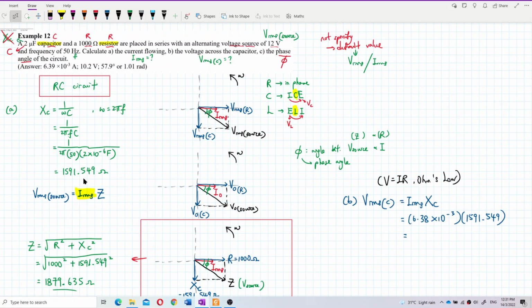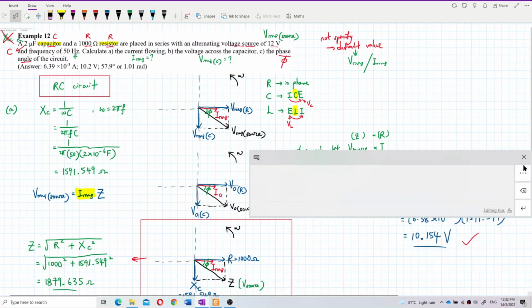Let's calculate: 6.38 times 10 to the negative 3 multiplied by 1591.549 is 10.154. No, it's voltage, in volt. Is the answer correct? Yes, it's 10.2 volt, or 10.154. So that's my root mean square voltage across the capacitor, 10.2 volt. That's correct.